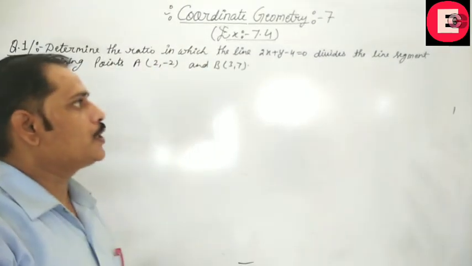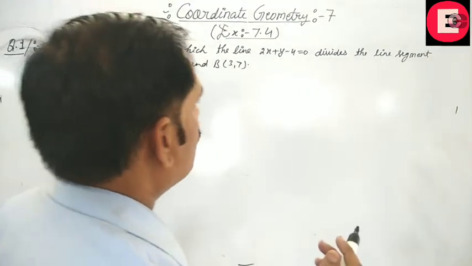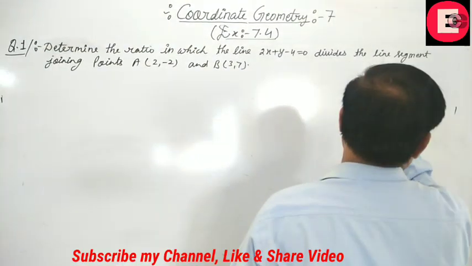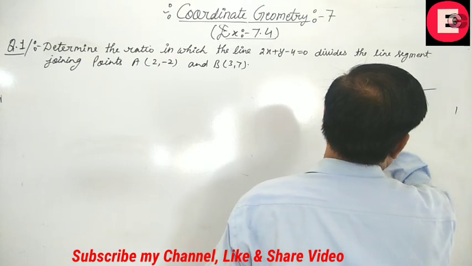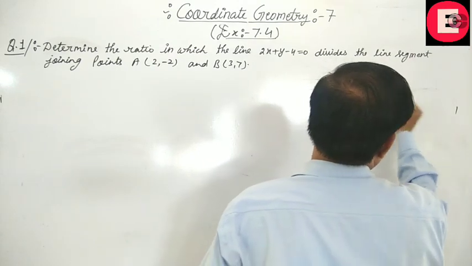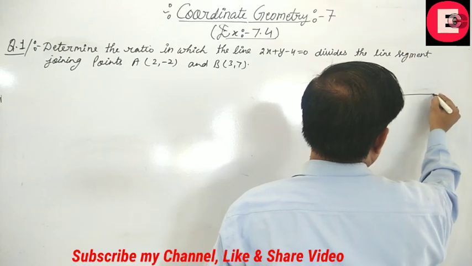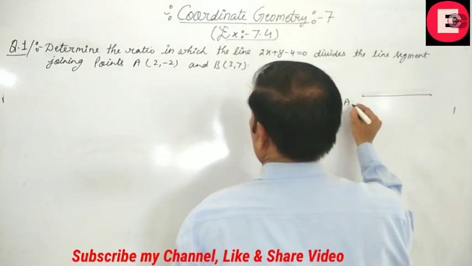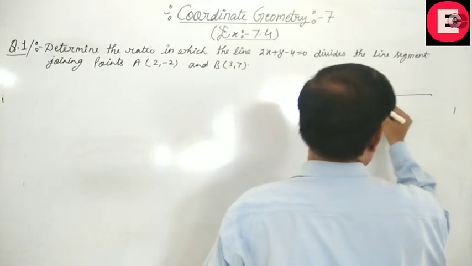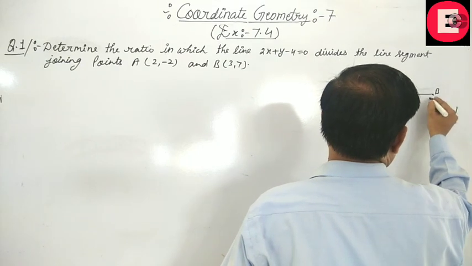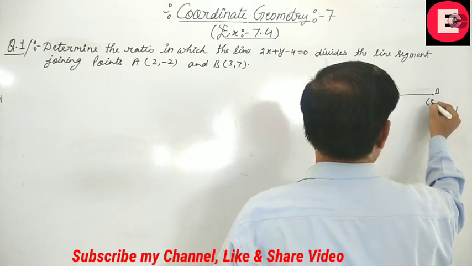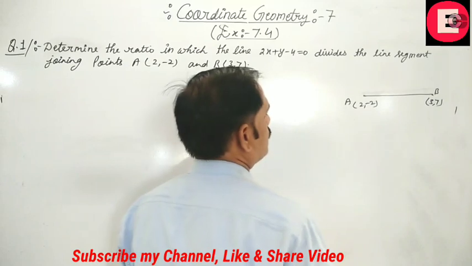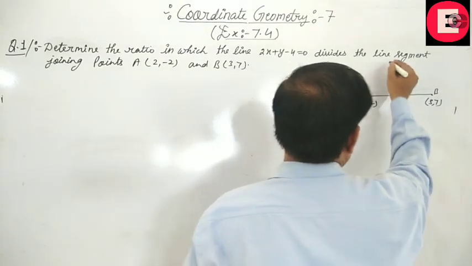Okay, so first we will draw the line segment AB here. Let A and B be the two points, and after joining these points we get a line segment.